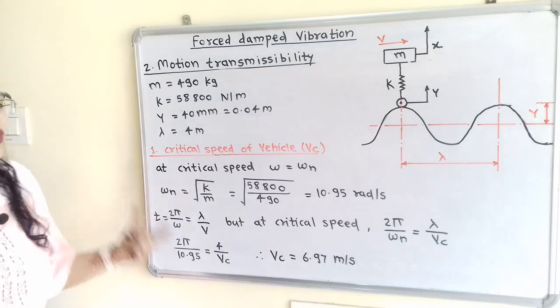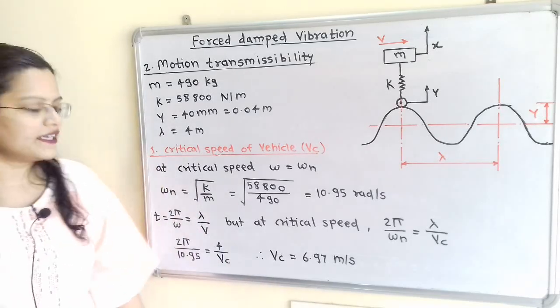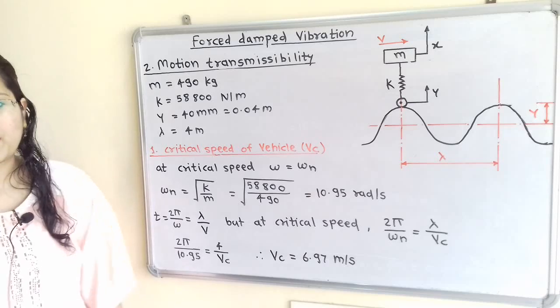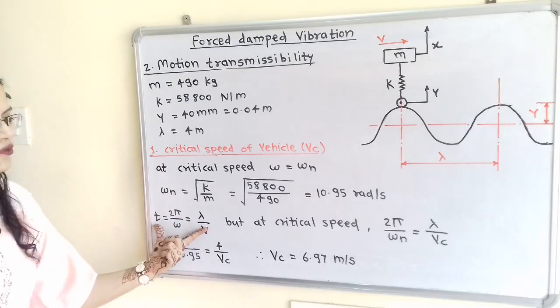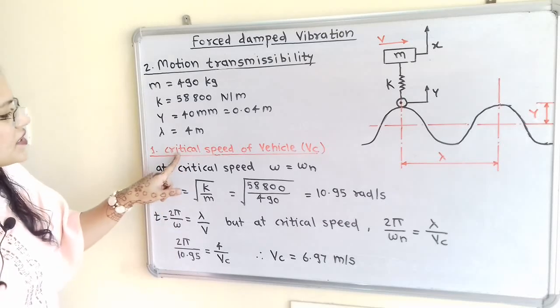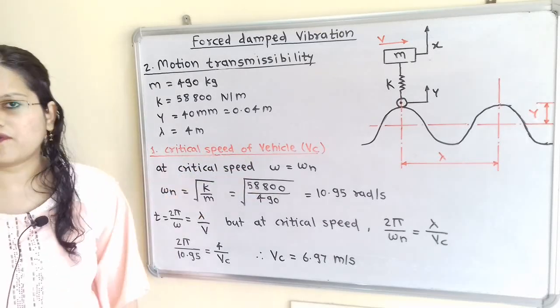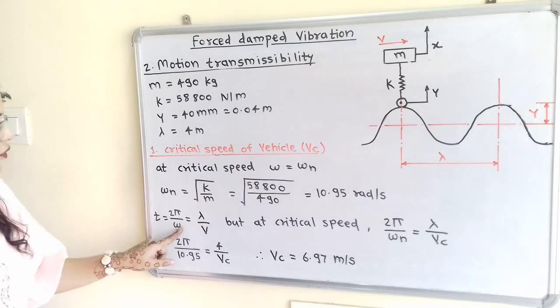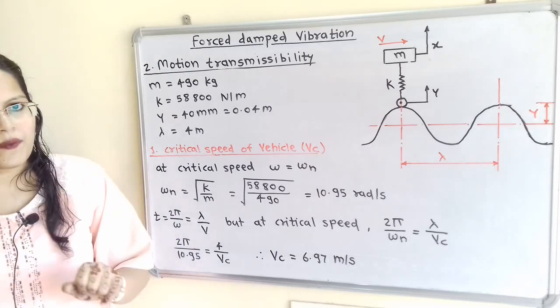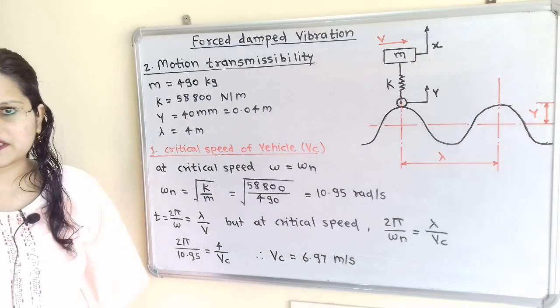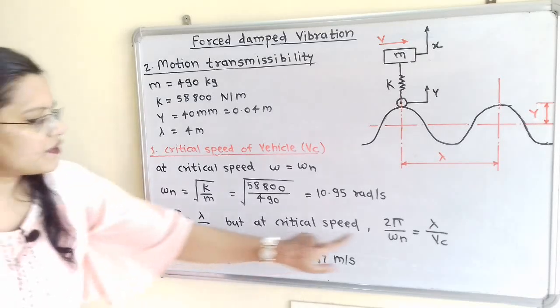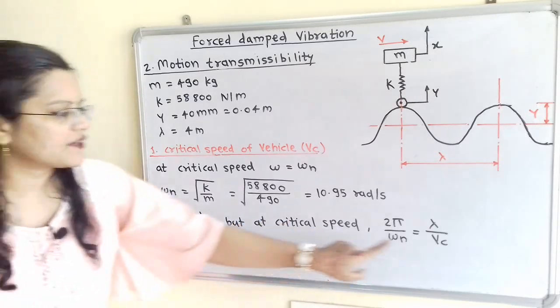Now we know that the time period T is equal to 2 pi by omega, which is equal to lambda by v. So this is the formula, but here the condition is given the critical speed of vehicle. So instead of omega, we have to consider omega n, and instead of speed v, we have to consider Vc. When omega is equal to omega n, then v is equal to Vc.